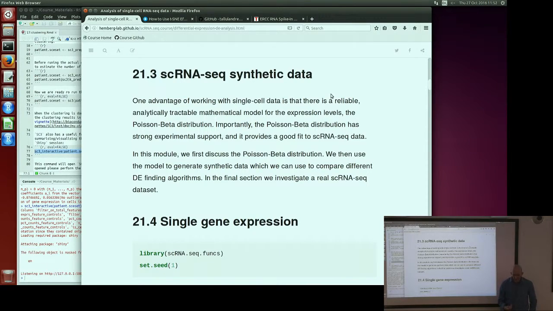So one way of dealing with that is, of course, to generate your data synthetically, because then you will know for sure what the ground truth is. The problem is that you need to make sure that the model you're using to generate your data is sufficiently realistic and close to what you would actually be observing.